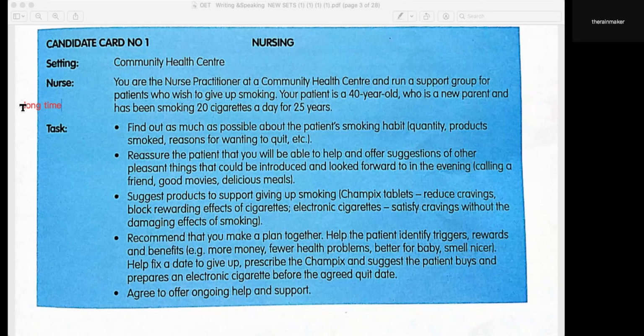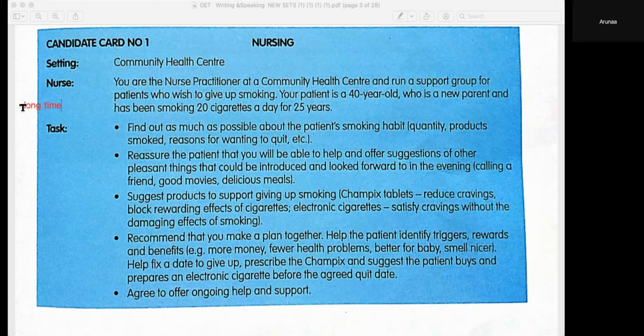Okay. So I would also like to suggest you try the Champix tablet. It is a tablet which will help you to reduce craving for smoking, and while you want to smoke, you can always chew that Champix tablet. Also you can buy some electronic cigarettes. They are easily available in the pharmacies.